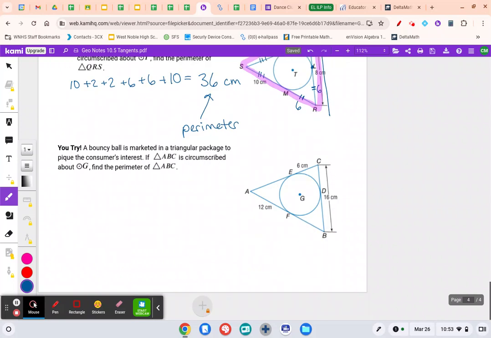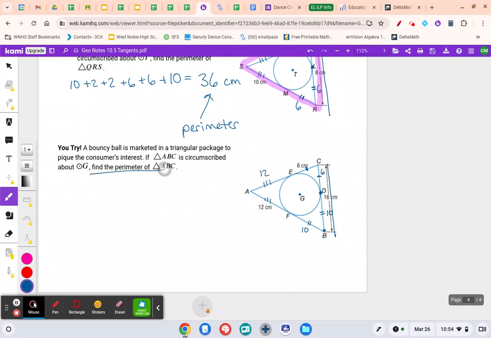Okay, pause me. You guys try this next one. Okay, so once again, you know that this is 6, which means this is 6. You have this whole length 16, so 16 minus 6, because they both stop at that same tangent point, makes this guy 10. This guy's tangent also coming to the same point, so they are congruent. And this last one is 12.